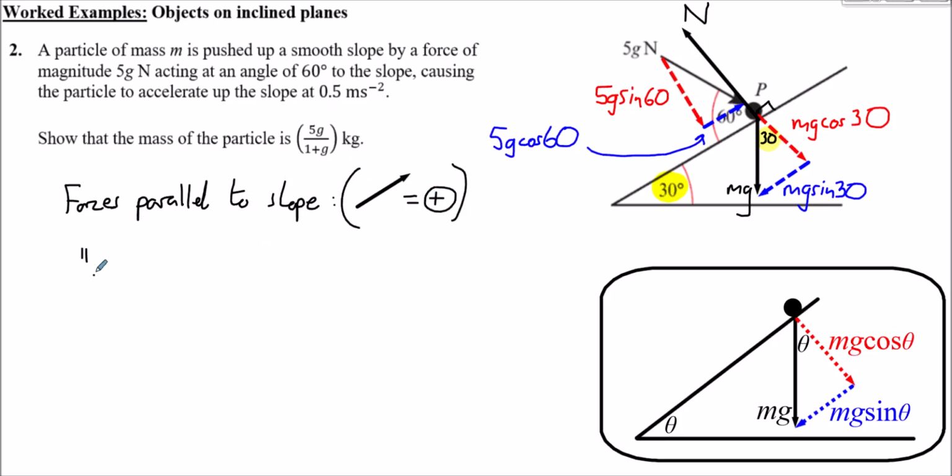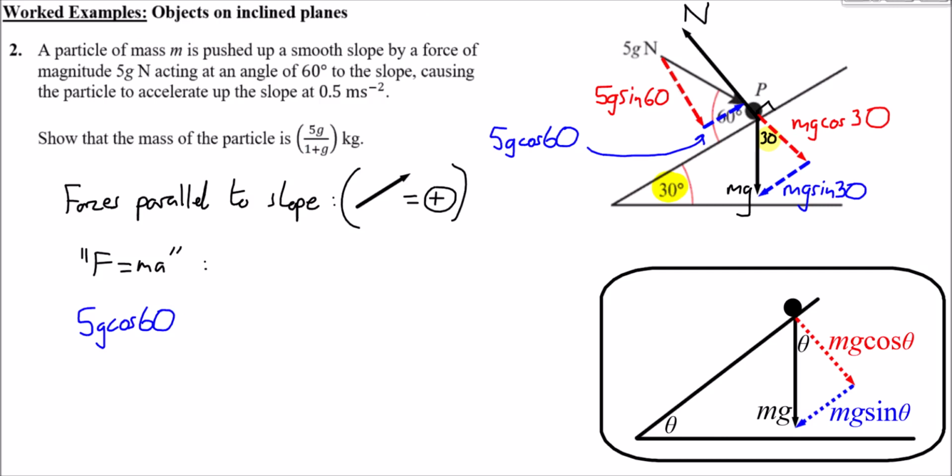We can now apply F equals ma. So the force going up the slope, well there's only one, it's the component of this 5g pushing force going up the slope, which is 5g cos 60.